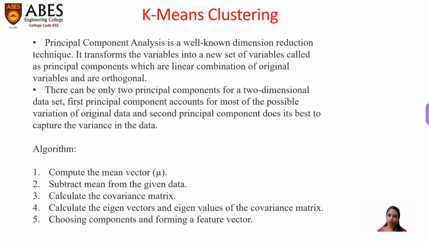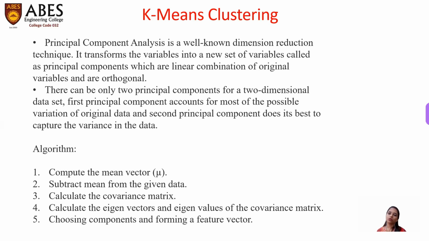The first component, which we calculate after this algorithm, tells us the variation of our data variables which are available. And the second one is used to hold the variation of these data variables.